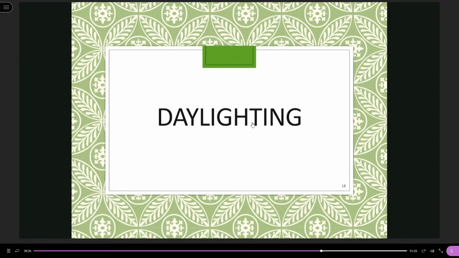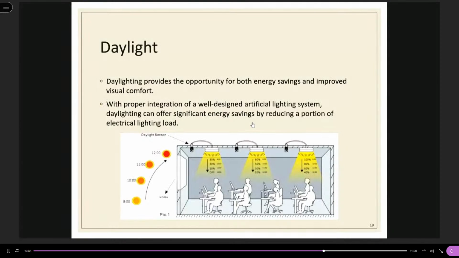Daylighting. So we know that the orientation of the building can affect daylight availability, and the word daylighting means the system to harvest daylight. Daylighting provides the opportunity for both energy savings and improved visual comfort.